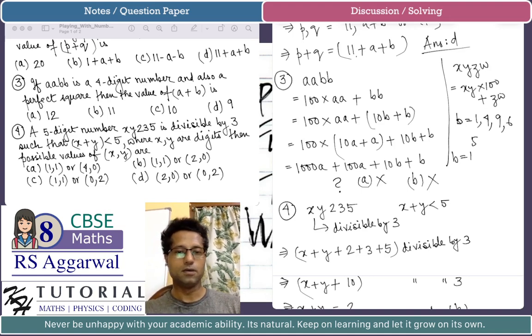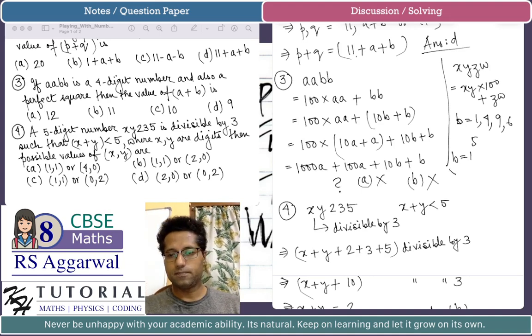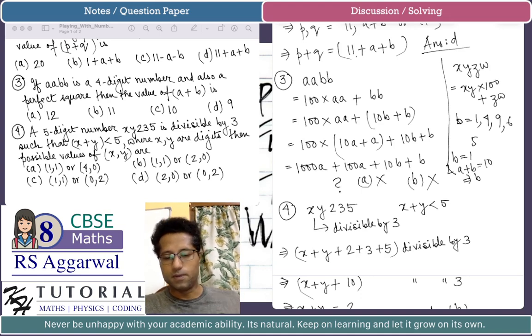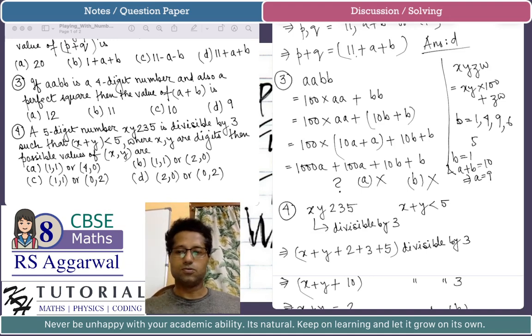What about C? C is 10. Now if B equals 1 and A plus B equals 10, this implies A is equal to 9. So A equals 9 and B equals 1.